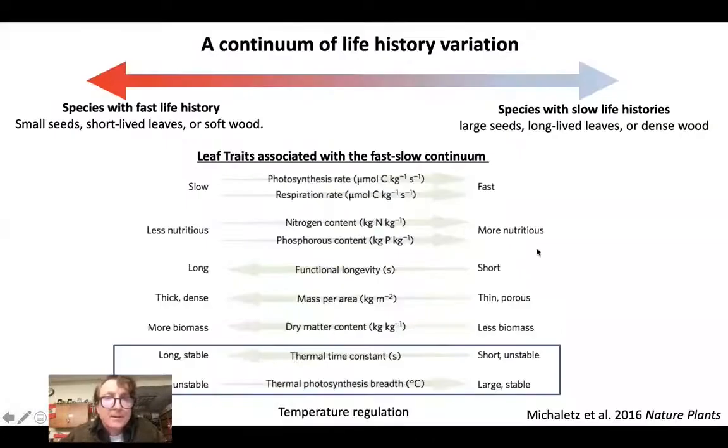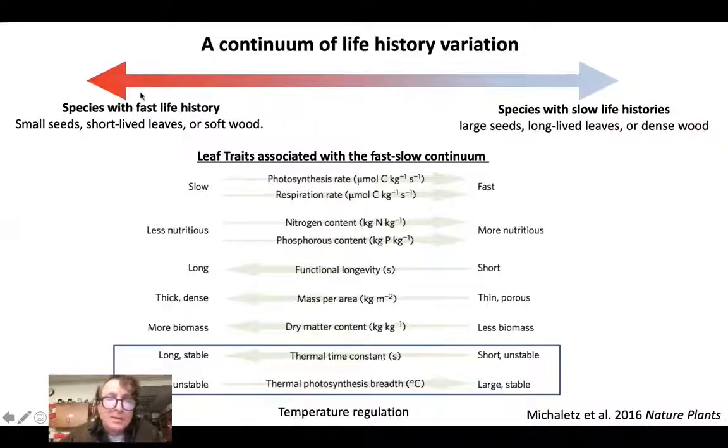Okay? All right, so here is an attempt to put species along this fast-slow continuum. All right, so if you're going to be working in Sean Michelitz's group, he's likely going to talk a little bit more in detail about this. And so we can take a series of different leaf traits, such as photosynthetic rate, respiration rate, nitrogen and phosphorus content, how long a leaf lives, measurements like the specific leaf area, but also these more thermal performance measurements, and relate them to this fast-slow continuum, okay?